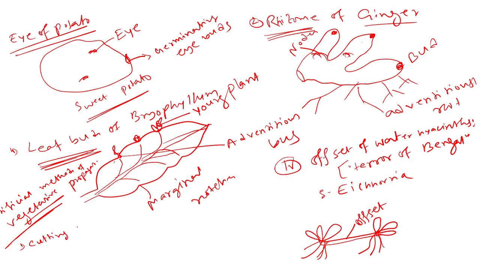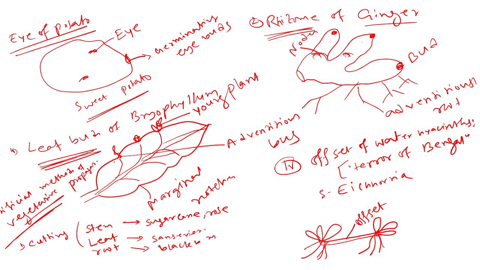Cutting includes stem cutting, leaf cutting, and root cutting. Stem cutting examples are sugarcane and rose. Leaf cutting is fancy area, and root cutting is blackberry.